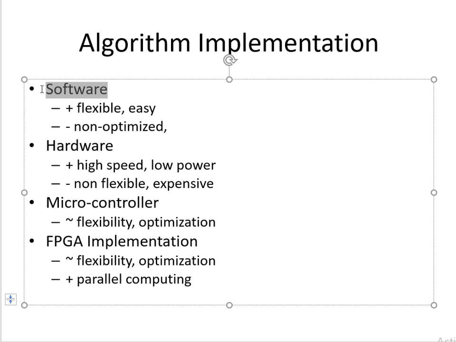This method has some advantages and also some disadvantages. The advantages of this method are its flexibility and its easiness, because writing in a computer language for algorithm implementation can be very easy for many users, and this code, this program, can be changed with respect to the user requirements.